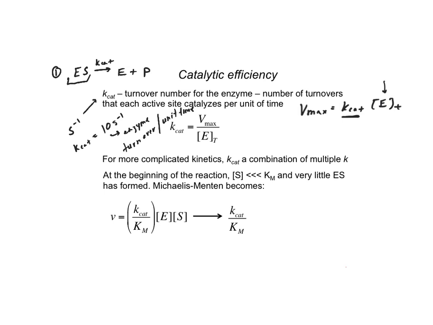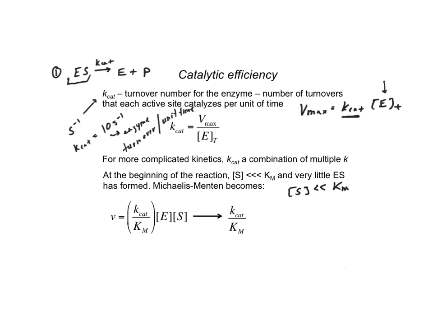Okay, so there's one more little thing that we're going to get from our two different constants here, Km and kcat. And this, again, is going to come in one of these abstract ideas. So we're going to assume that we have very little substrate, that we're in a situation where substrate is very much limiting. It is much, much less than the value for Km for the enzyme, okay?